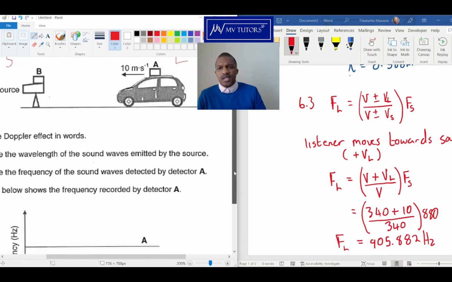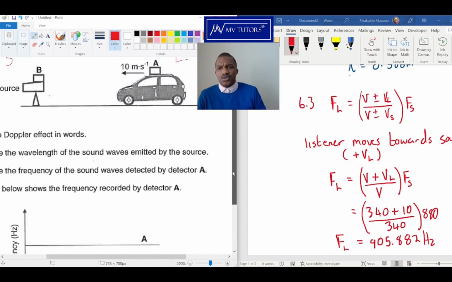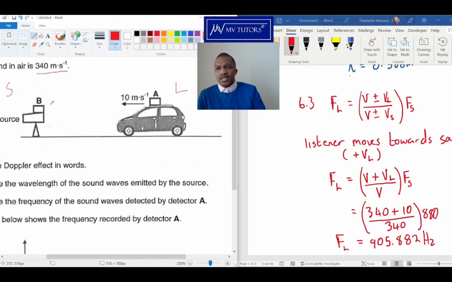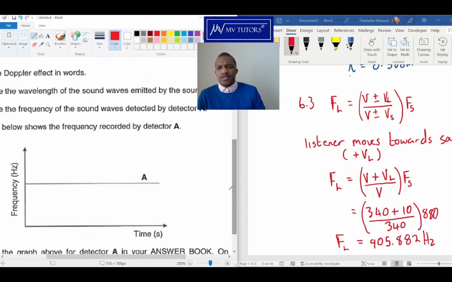I would say the frequency of the source should actually be bigger because the frequency of the source is highest at the source. Okay, so let me just put it that way.